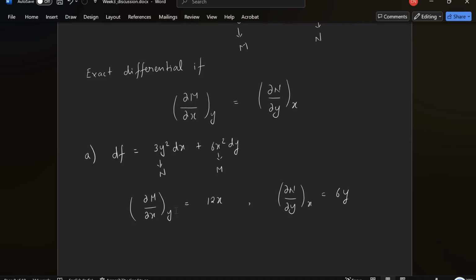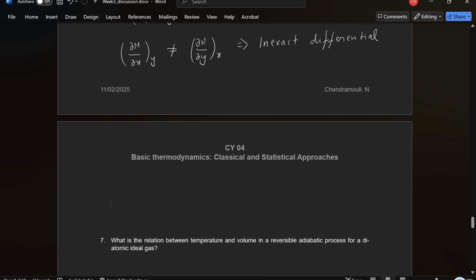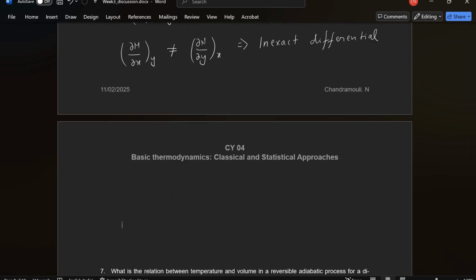So they are not equal. Del M by del x at constant y is not equal to del N by del y, which implies it is not an exact differential, but an inexact differential. That's how we do the other problems as well. So let me create some space.